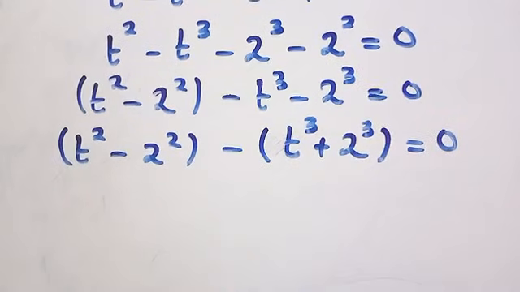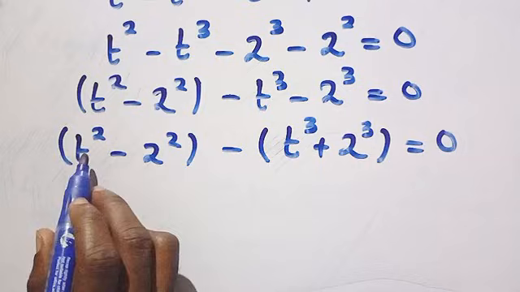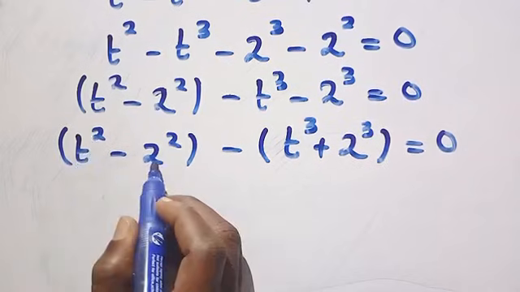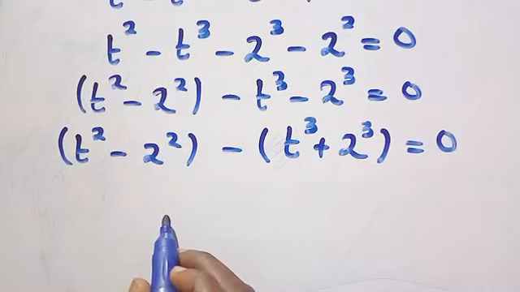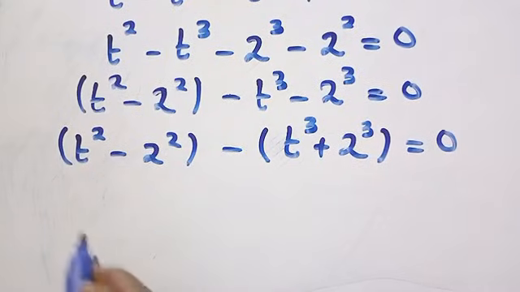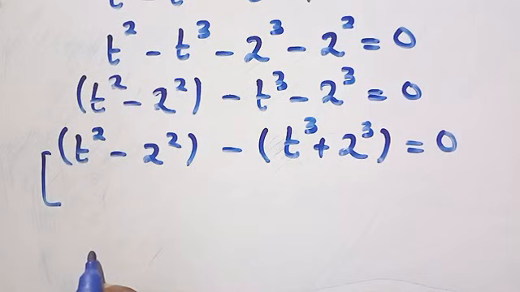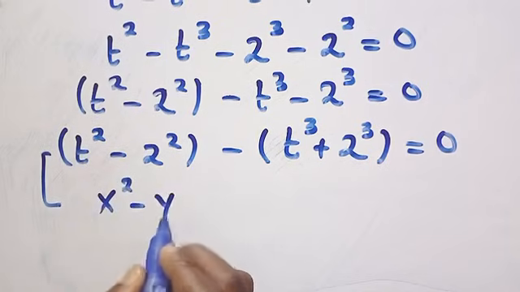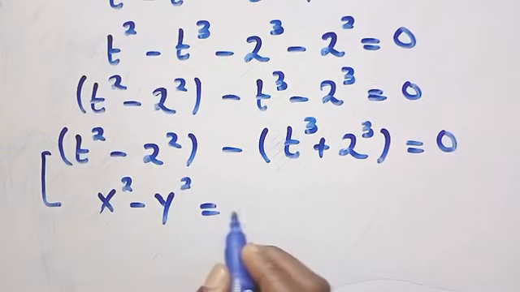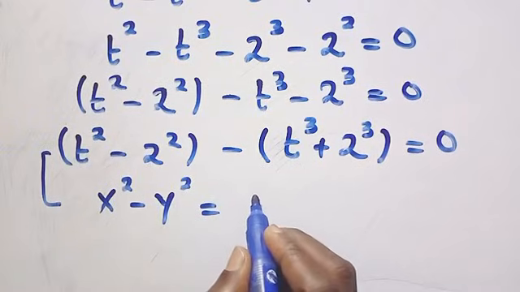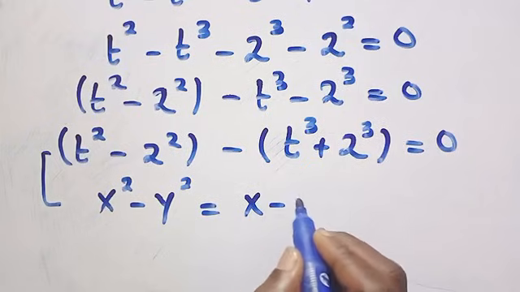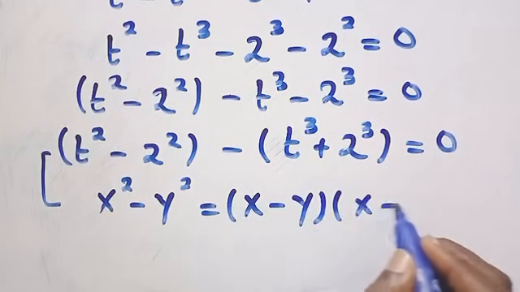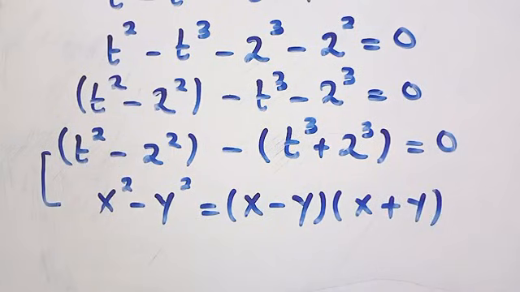So moving on, we consider this as difference of two squares, t power 2 minus 2 power of 2. So it's a difference of two squares, as when we have x raised to power 2 minus y raised to power 2, this gives us x minus y multiplied by x plus y.